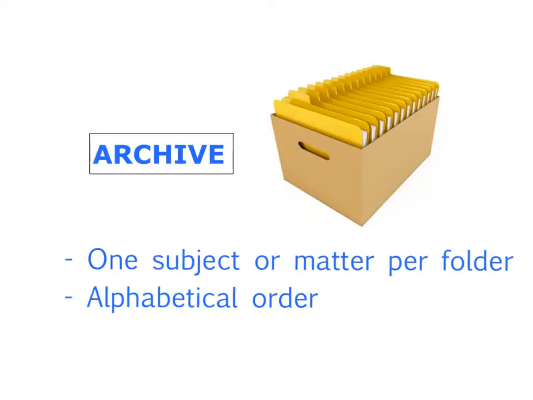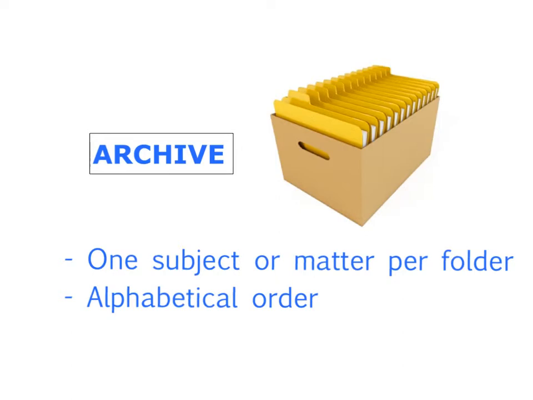Now for the archive. The archive, it's very simple. You only have to have a box with folders, and you have to create a folder for every matter or subject and just put it in alphabetical order. That means that if you need to retrieve some papers or some information, you will have it very, very handy.